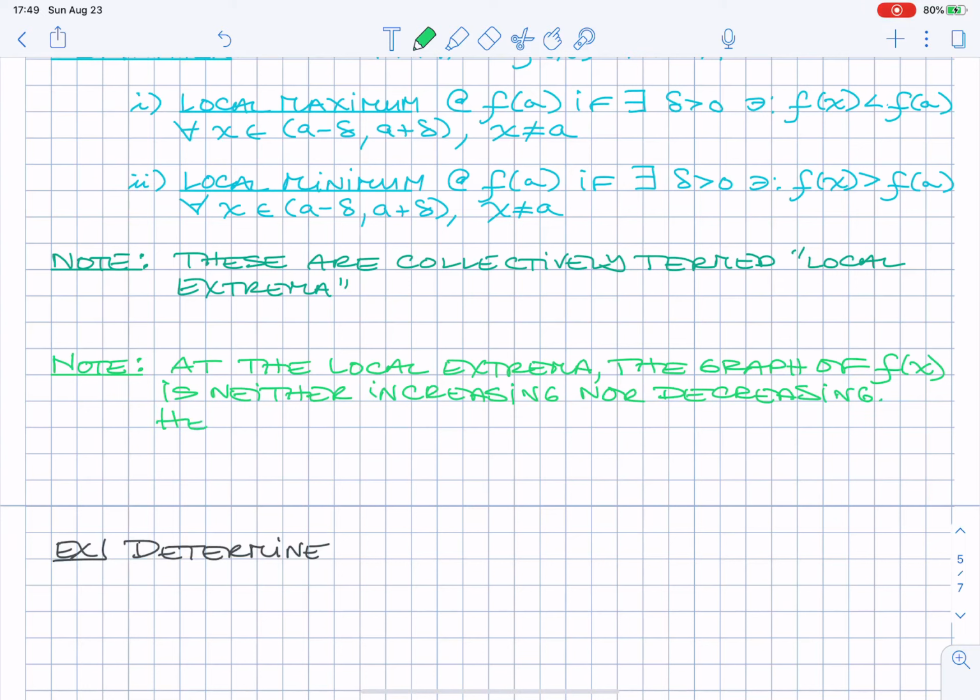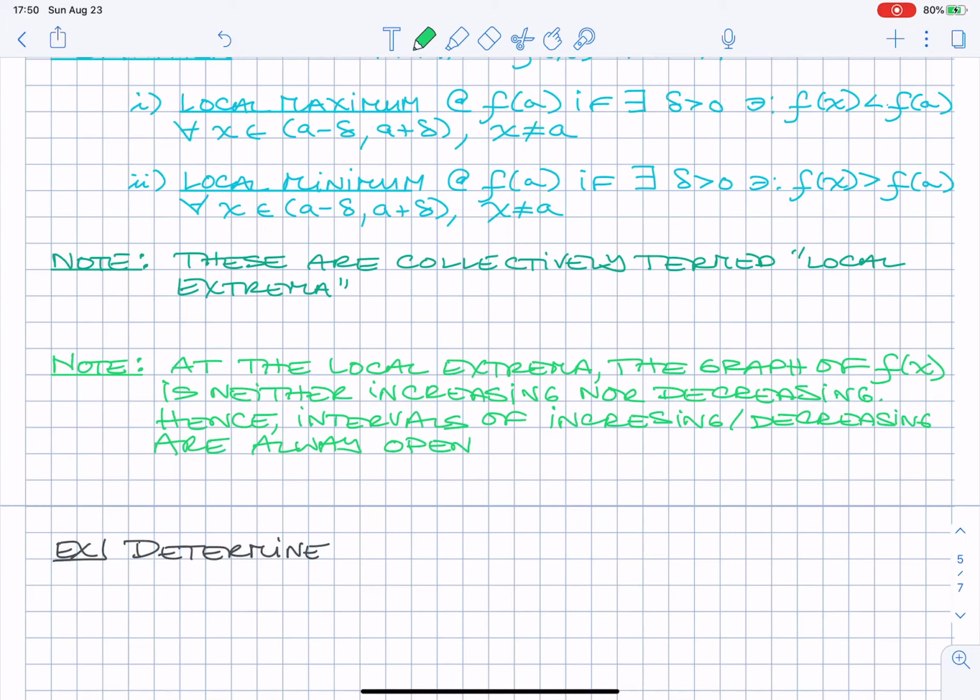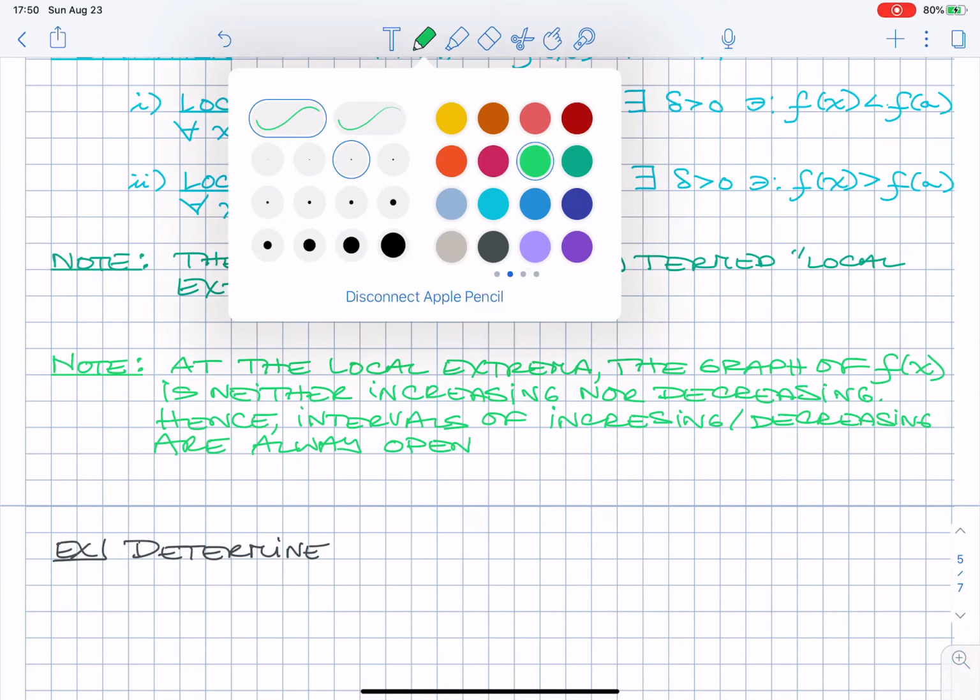Hence, intervals of increasing/decreasing are always open, meaning we don't have square brackets, we only have open brackets.